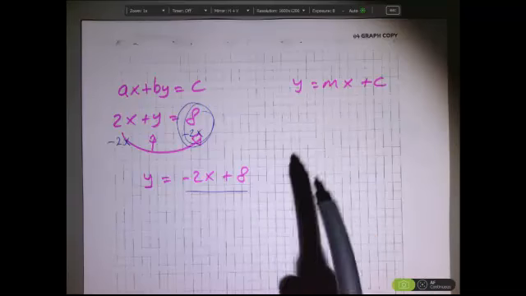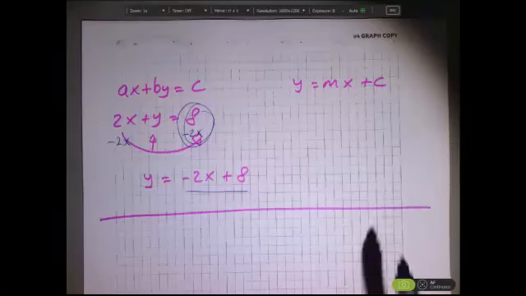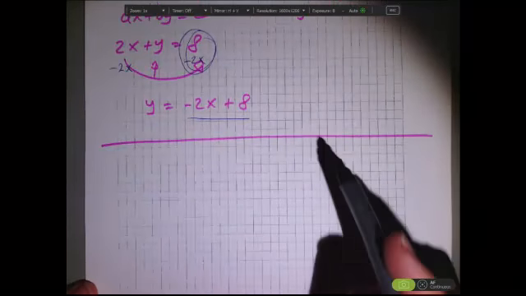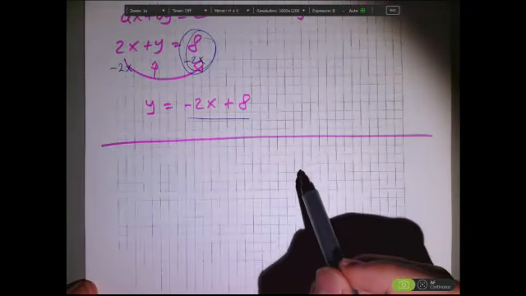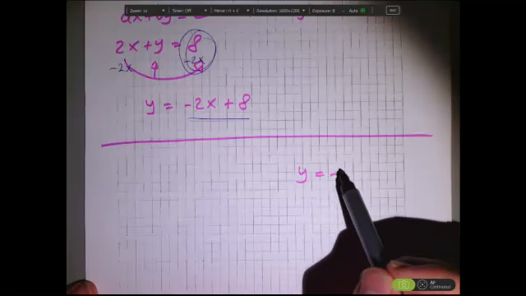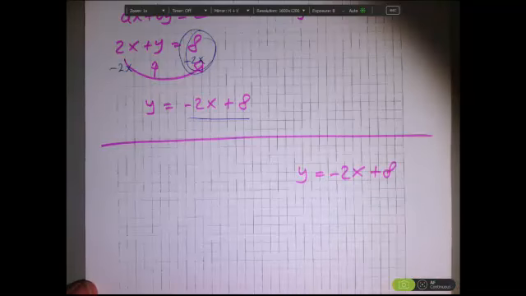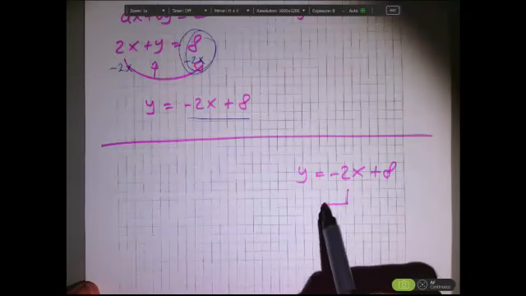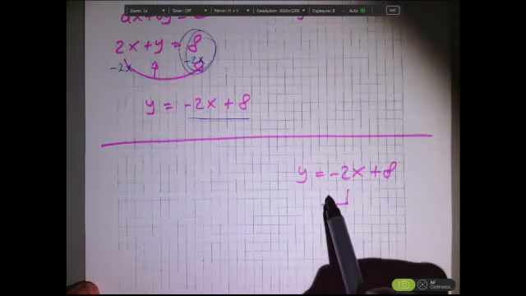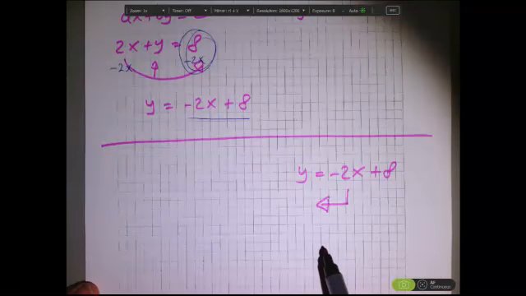Of course, if for argument's sake, a question was given to you in the mx plus c version, so let's just say the question was written as y is equal to minus 2x plus 8, well then all you would be doing is bringing all the variables over to one side. How do you do something like that?